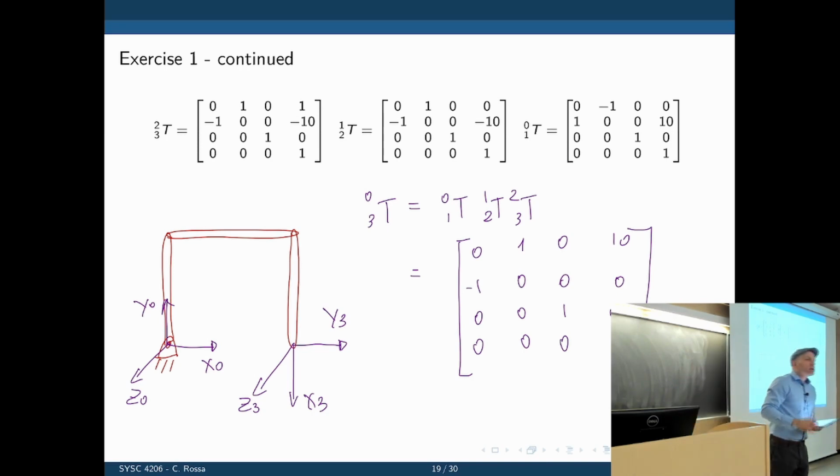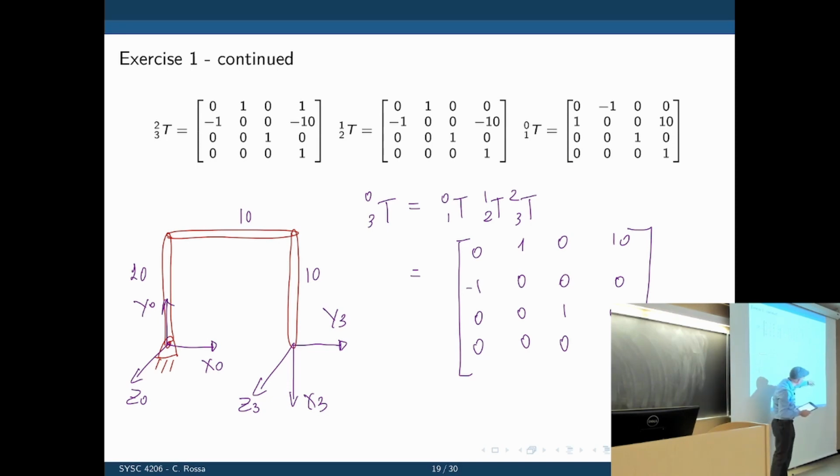Now, does that make sense? Let's analyze this. The length of each of these is 10, right? That's 10, that's 10, that's 10. Without looking at the result, what are the coordinates of the tip of the robot with respect to the base? X is 10. Y is 0 because it's aligned here with the origin. And Z is also 0 because it's in the same plane.